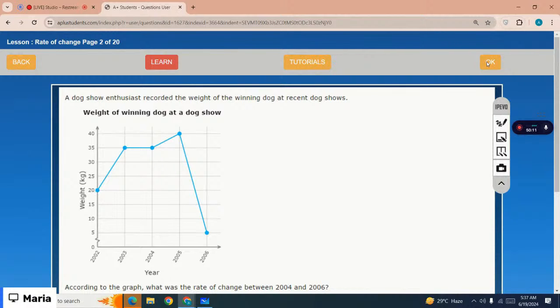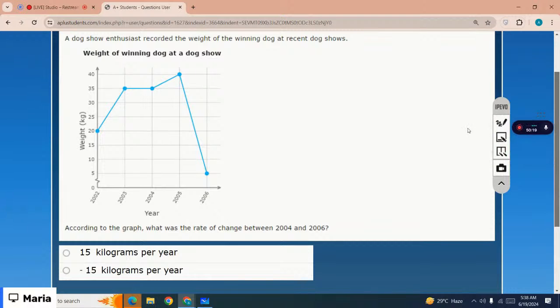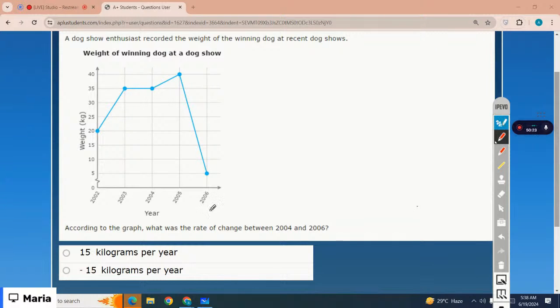A dog show enthusiast recorded the weight of the winning dog at recent shows. According to the graph, what was the rate of change between 2004 and 2006? Here is 2004, here is 2006. In 2004, the value is 35. In 2006, that is 5.